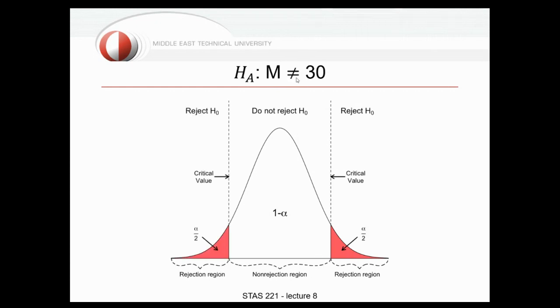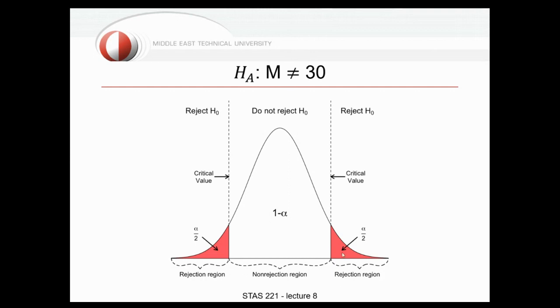And if they are not equal, this is the case of two-sided that we keep talking about. So when they are not equal to something, either median, mean, or later we will talk about variance, about ratio, like for example, for binomial distribution, all of them. If we have such a case that it's not equal to 30, it means that it's either more than or less than. So at the same time, more than and less than, we should cover them here.